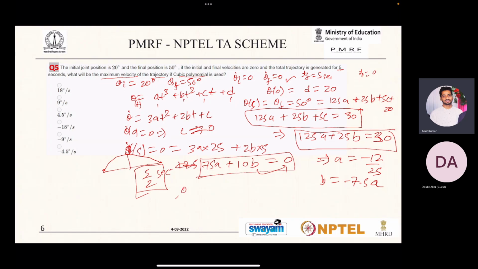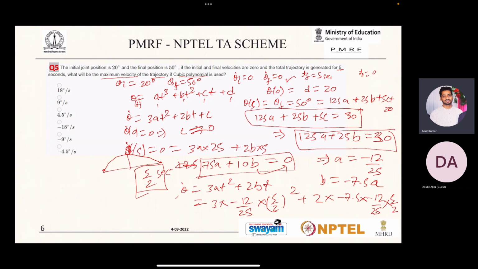Now theta dot is the velocity, which is nothing but 3a t squared plus 2bt, right? Now we have 3a, that is 3 into minus 12 by 25, and t squared is 5 by 2 squared, plus 2 into minus 7.5a, which is minus 12 by 25, into t, which is 5 by 2.